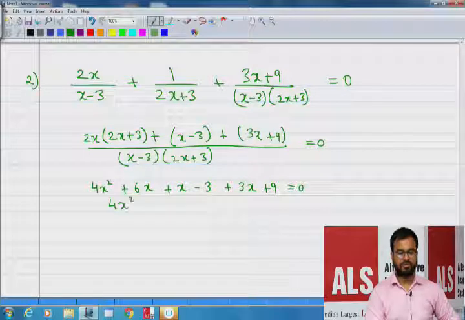So it will be 4x square plus 10x plus 6 equal to 0.